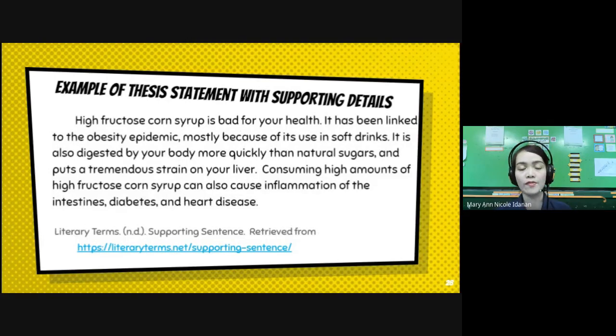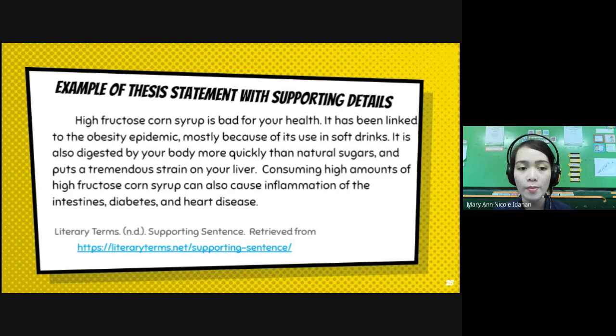Another example of a thesis statement with supporting details is this. It says, high fructose corn syrup is bad for your health. So that is his or her claim. It has been linked to the obesity epidemic, mostly because of its use in soft drinks. It is also digested by your body more quickly than natural sugars and puts a tremendous strain on your liver.